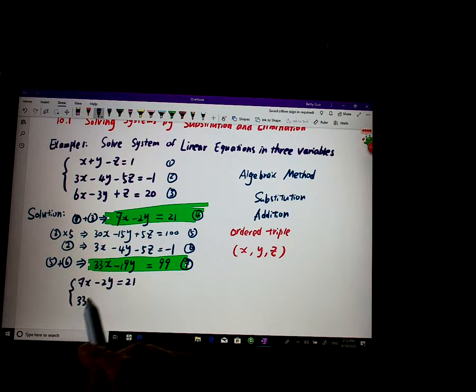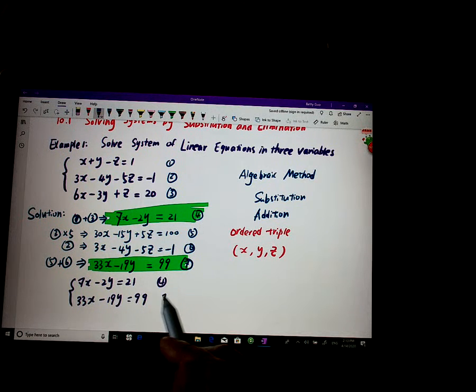And 33x minus, no, minus 19y. 33x minus 19y equals 99. So equation 4 and 7.